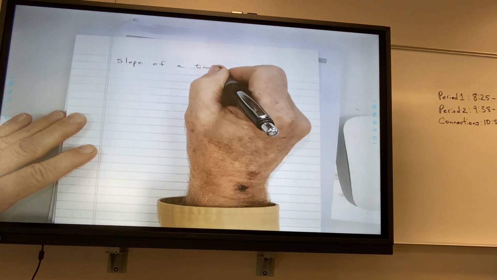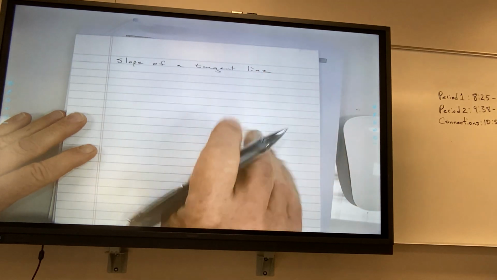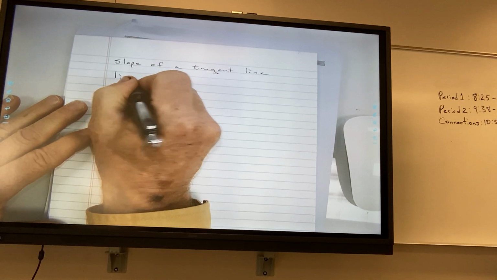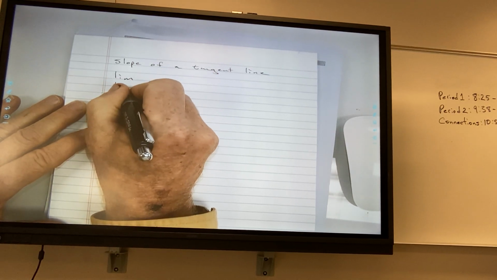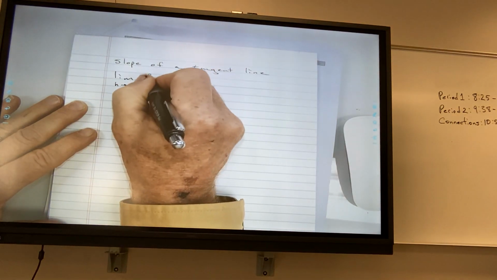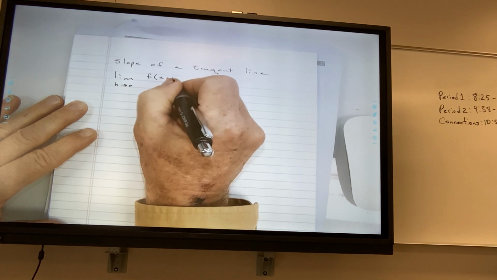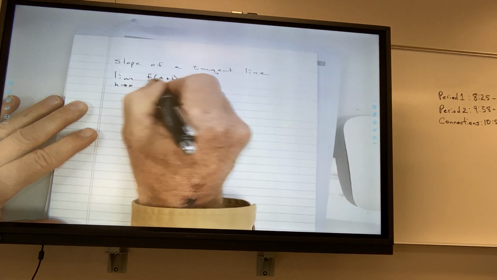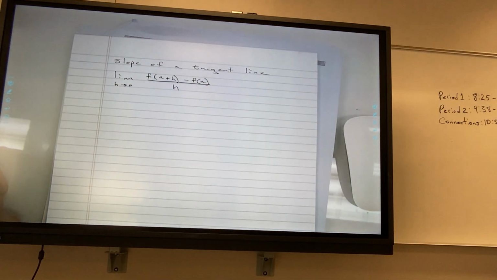Tangent line. And we have two limit definitions, one that looks like this. Right, you've seen that one?